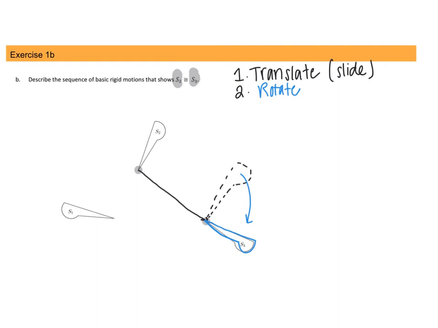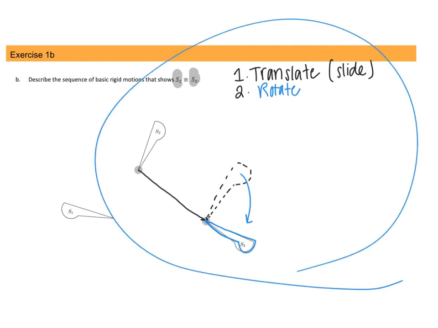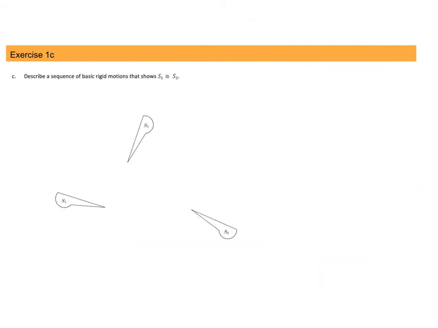All right. Let's go ahead and move on to exercise 1C on the next page. Make sure you have all this down. All right, exercise 1C, I want you to attempt this on your own before you watch me do it. So I want you to describe basic rigid motions that map S1 to S3. Okay, so from this one to this one, how would you get it there?